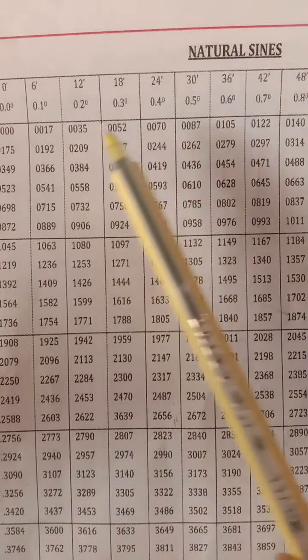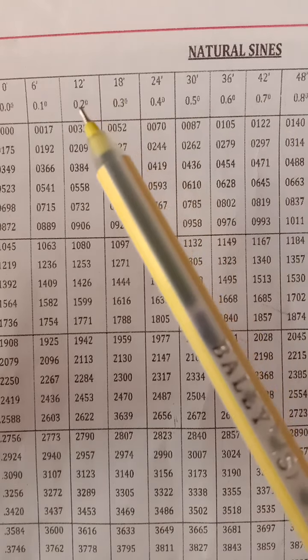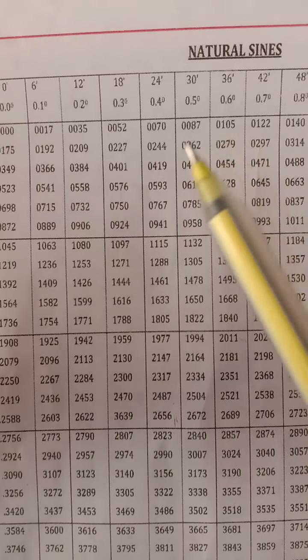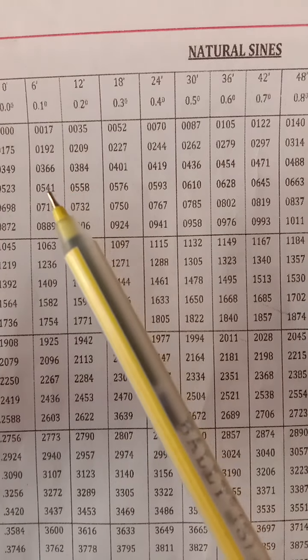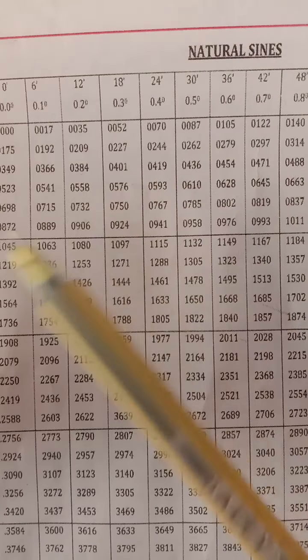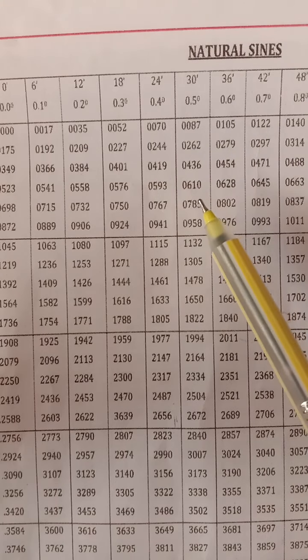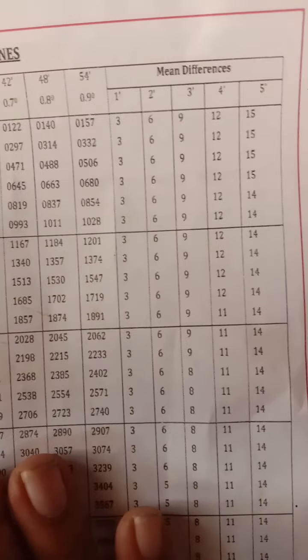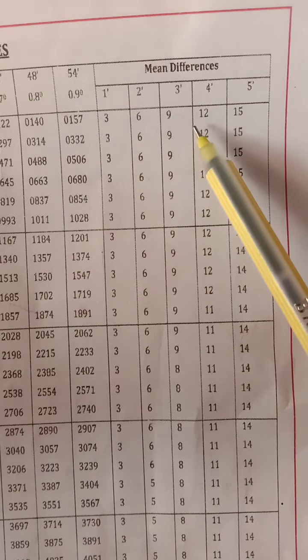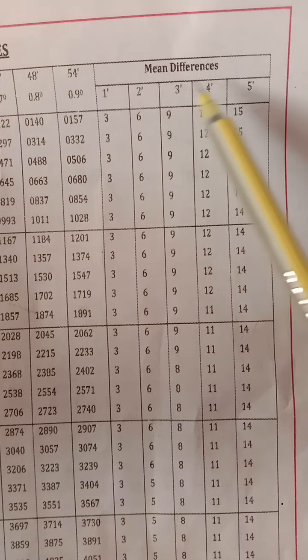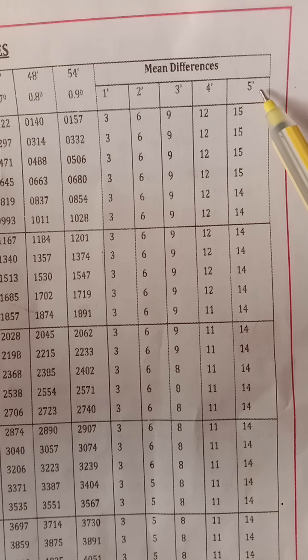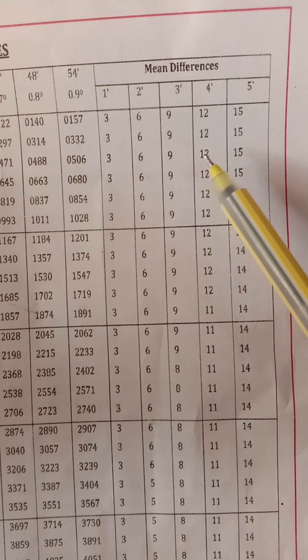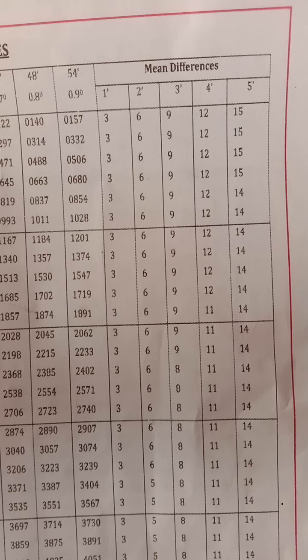That means all these columns will be marked in terms of minutes, and which will be the multiples of 6, that is 0, 6, 12, 18, 24 minutes, and their respective values of sine will be provided to us. Similarly, next to it there will be mean difference starting from 1 minute to 5 minutes. Their respective values of mean differences will be given in this table.